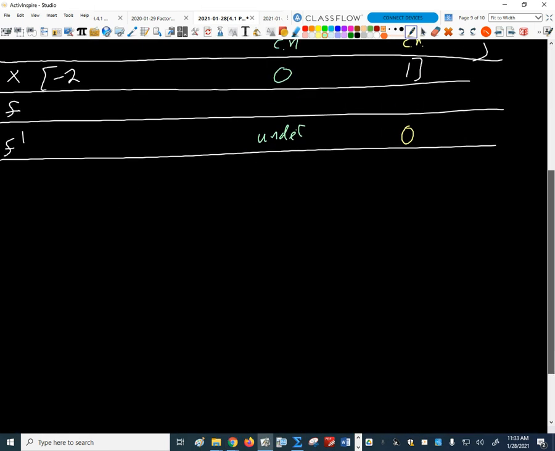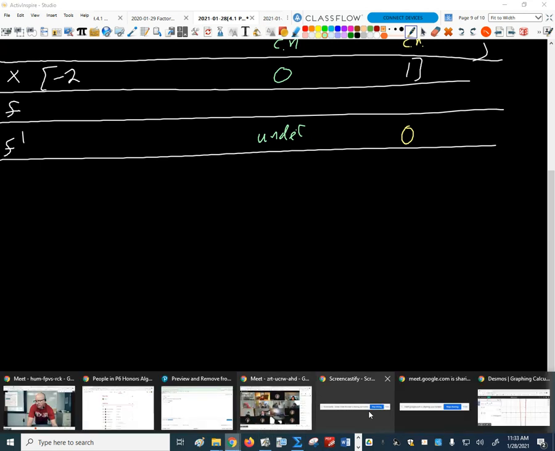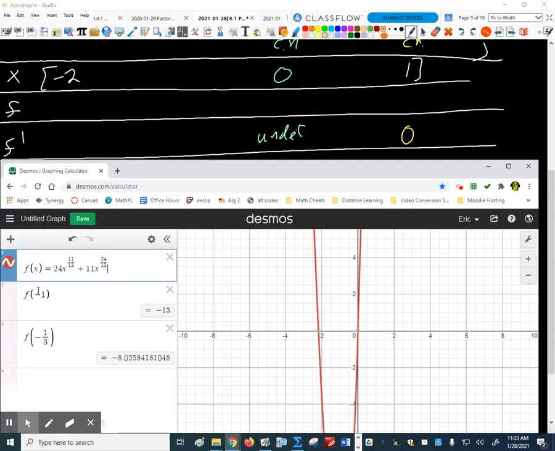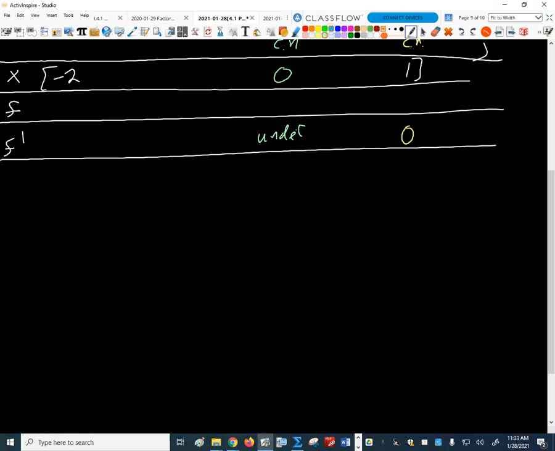We wanted to calculate at -2, 0, and 1. So f of -2 is roughly -3.6. So there's one ordered pair.